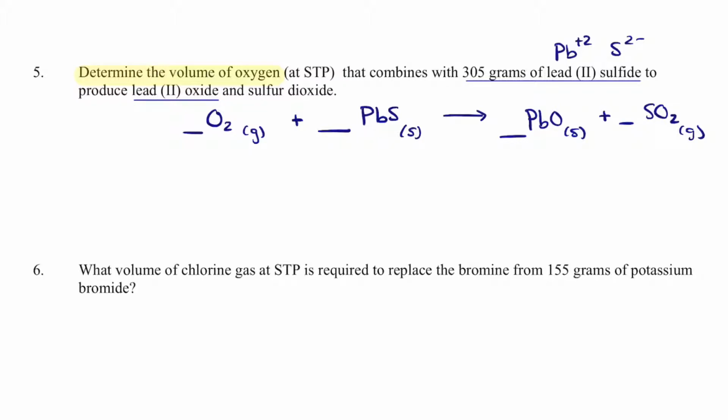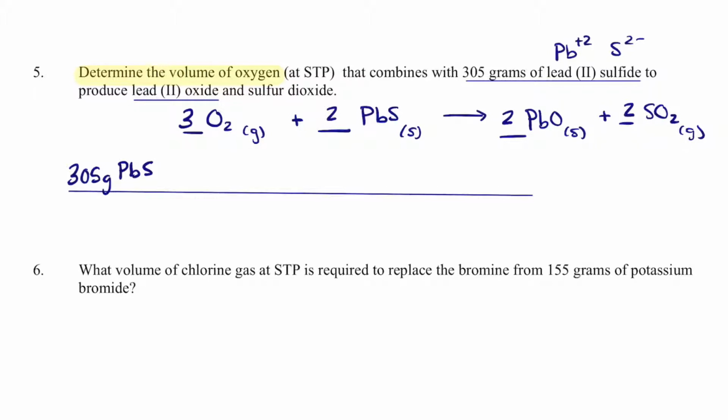And to get this balanced, I could put a 2 here, a 2 here, a 2 here, and then a 3 there. And that'll do it. And I'm starting out with 305 grams of PbS.